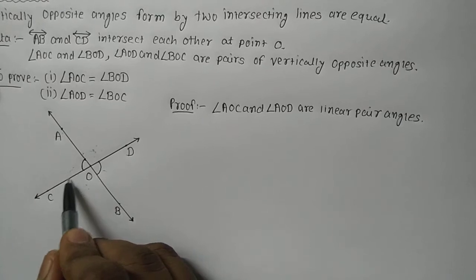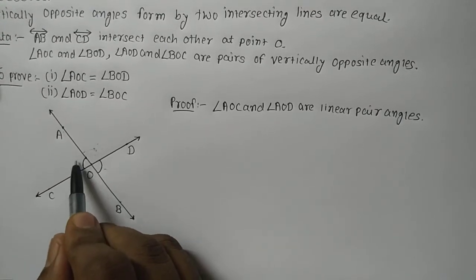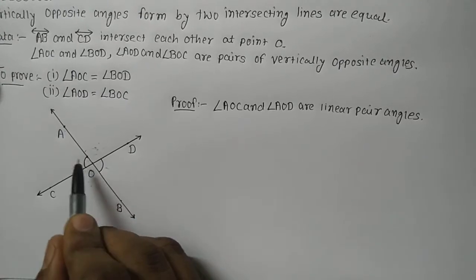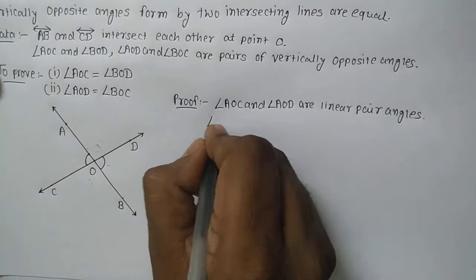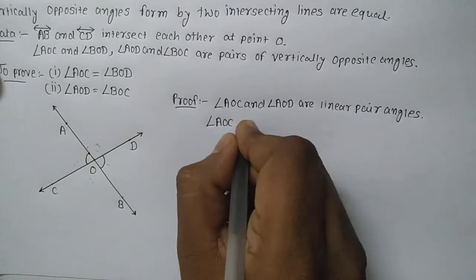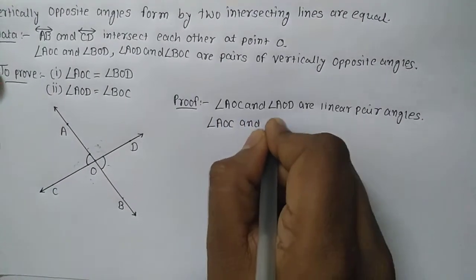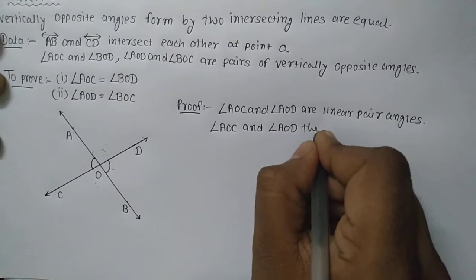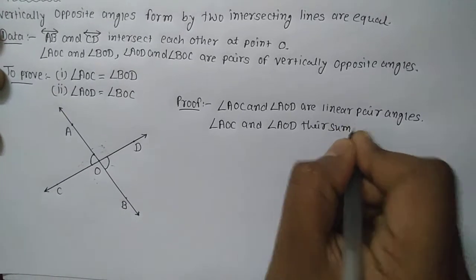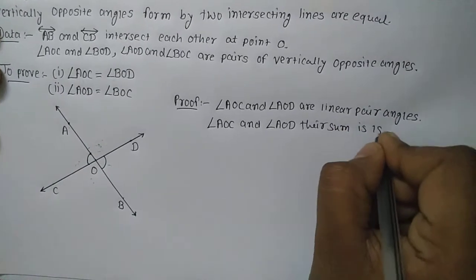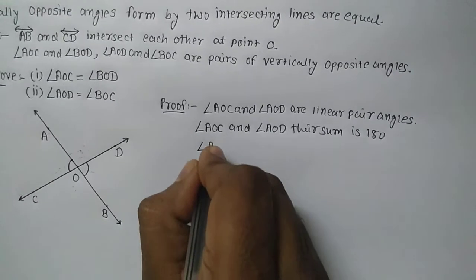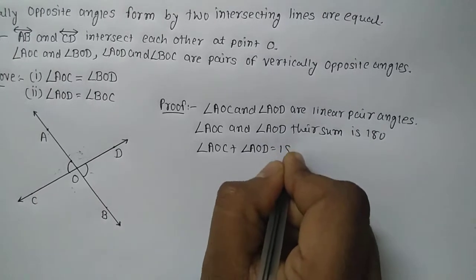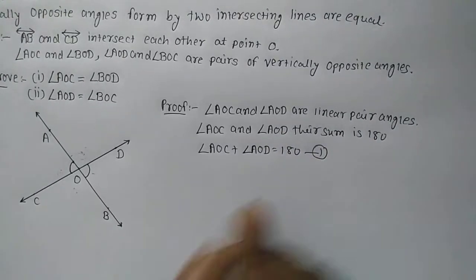Even we can check that this is a straight line. From here we start and measure up to here, then the sum total of both these angles would be 180. So I can write here, angle AOC plus angle AOD is equal to 180. Let me say this is equation number 1.